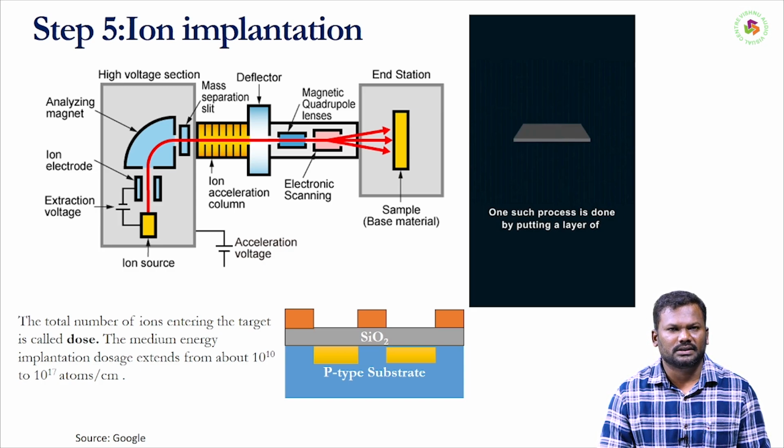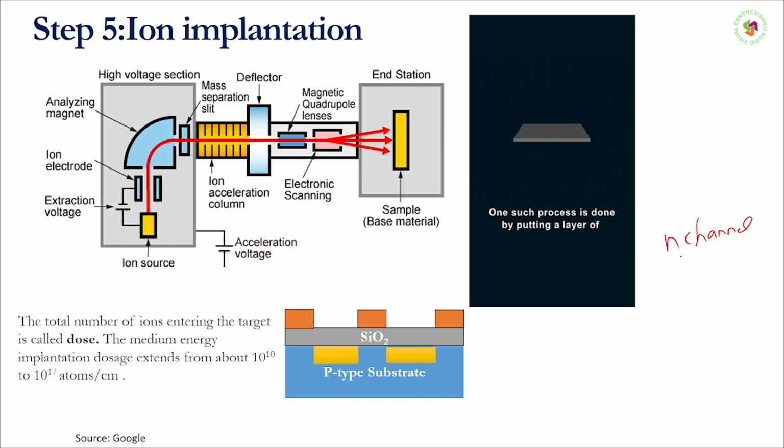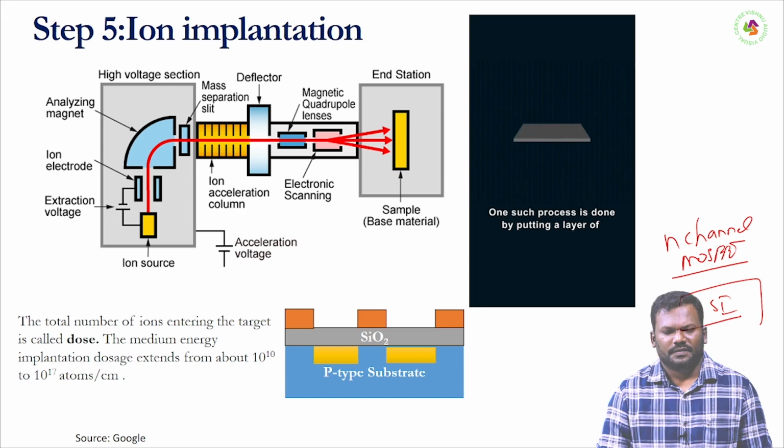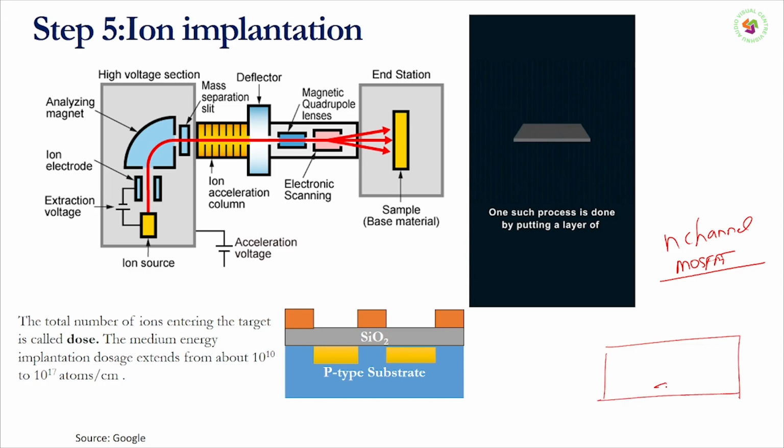Then next you need to deposit N+ regions. Suppose you are fabricating an N-channel MOSFET, you need to select the silicon substrate. Now if you see here, N-channel MOSFET, that is the silicon substrate. So for the N-channel MOSFET, you are choosing the silicon substrate.